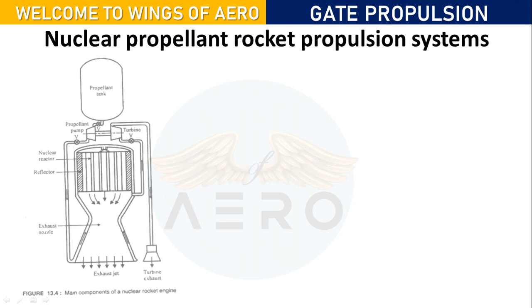It will get combusted, the same principle you have seen in liquid propulsion. Instead, in the thrust chamber, we'll have some reactors. Like how we have a nuclear power station, likewise we'll have nuclear reactors to undergo the fission reactions.